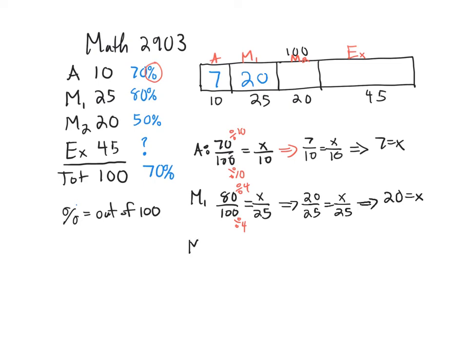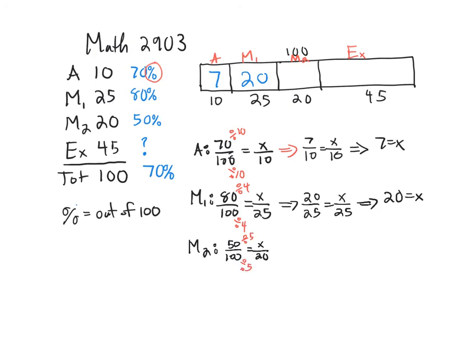Let's see midterm 2, same idea. So they got, in this case, 50 out of 100 is the same as x over 20. Again, divide top and bottom, in this case, by 5.